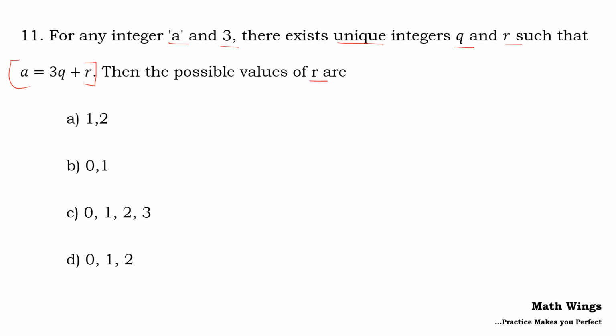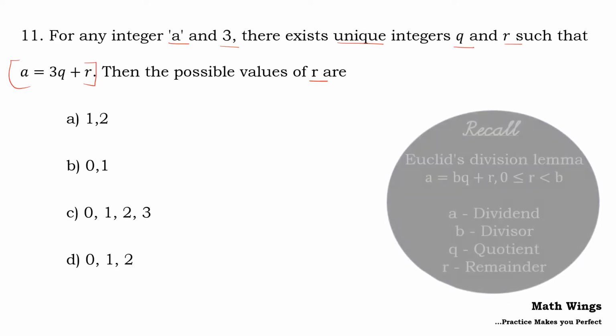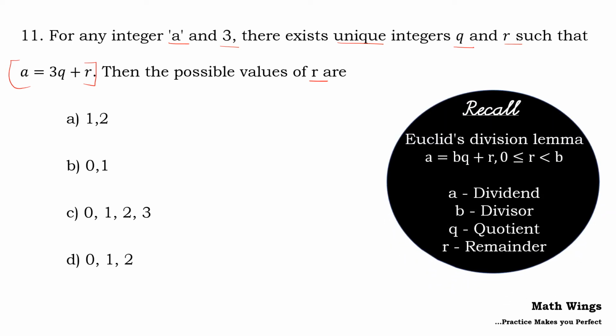So to answer this question, let us recall what we had learned earlier. We had learnt about Euclid's division lemma. What does Euclid's division lemma say? A is equal to bq plus r, where r is greater than or equal to 0 and lesser than b, where a, b, q, r are the dividend, divisor, quotient and remainder respectively.